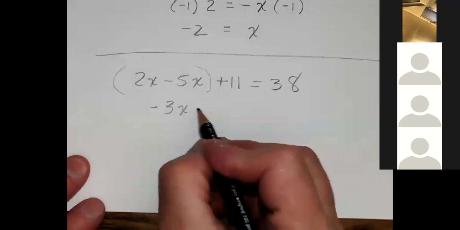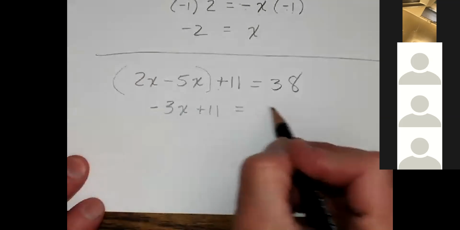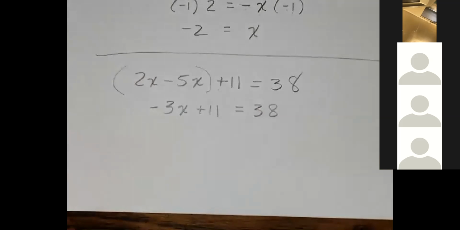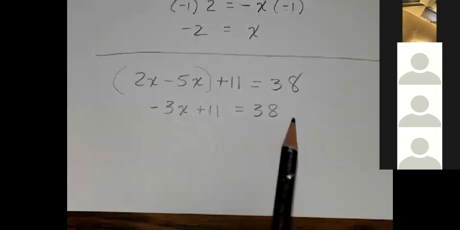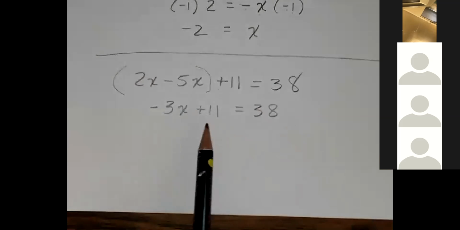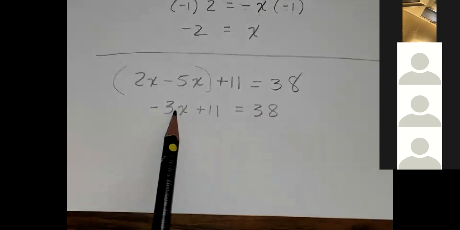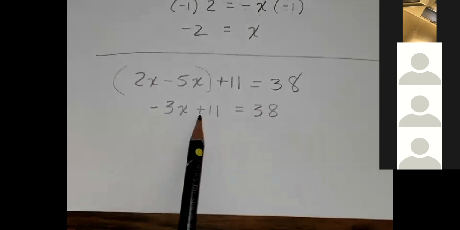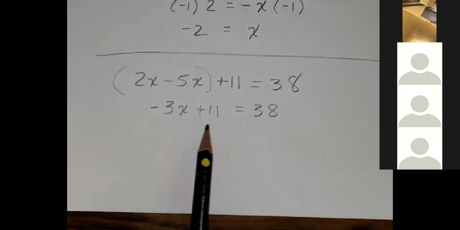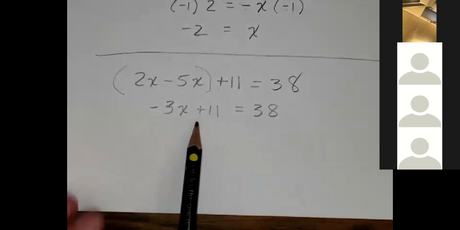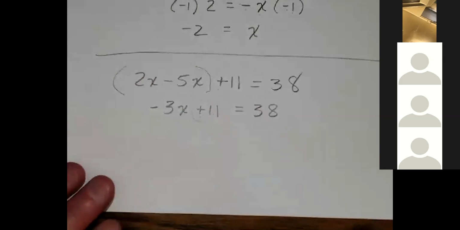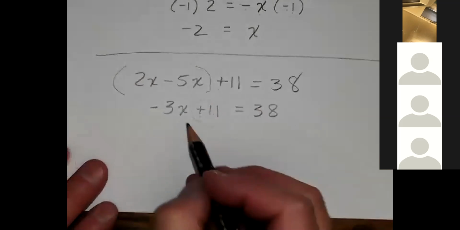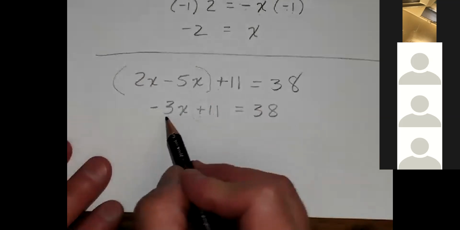Still have the plus 11 equals 38. Now all I have left is a multiplication and an addition. I'm going to take care of getting rid of the addition first before I get rid of the multiplication.